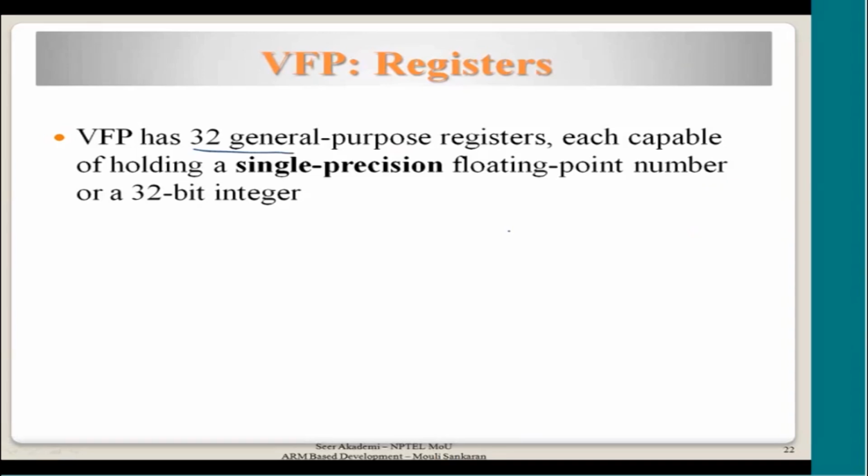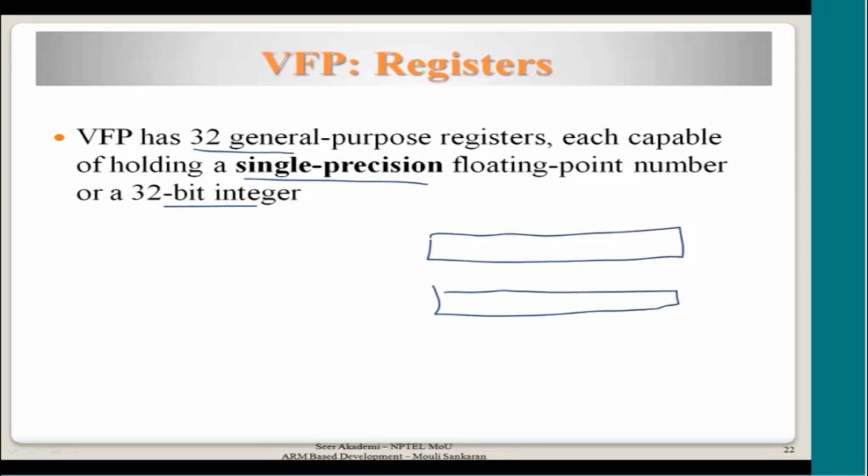And the registers can store either a single precision value or a 32-bit integer. One thing you should remember: when you have a 32-bit register, this is a bit pattern. So we can store either a floating point value or an integer, signed or unsigned, because whether you are storing a floating point or an integer depends on how you interpret this bit pattern in the register.